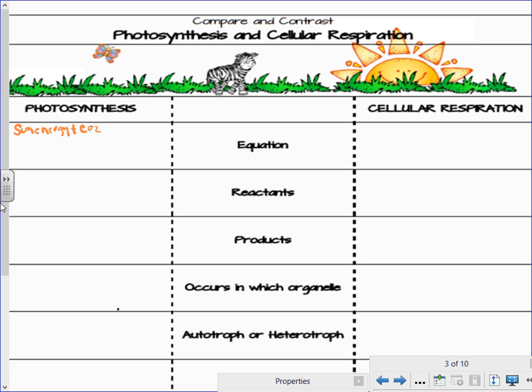Someone in the group, raise your hand with CO2. Gabriella, you had your hand up. Michael: carbon dioxide. Carbon dioxide, okay? Plus H2O, which is water.